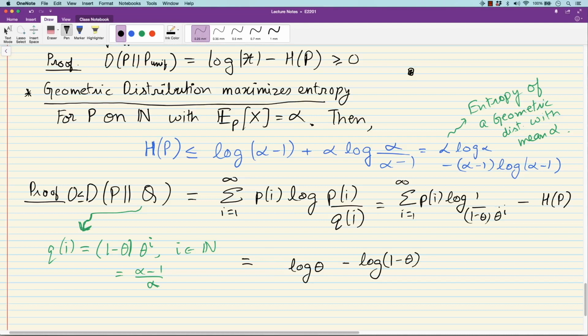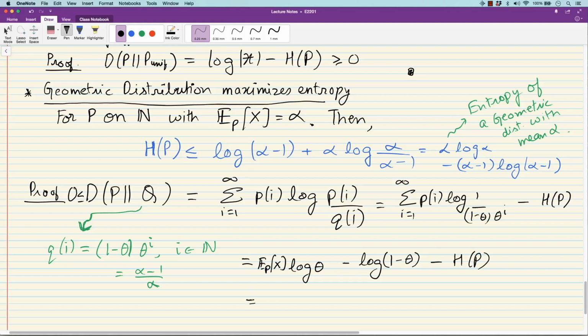That i comes out, and the expected value of that i is what remains here. That's just the expected value under P of this random variable X, minus H of P.